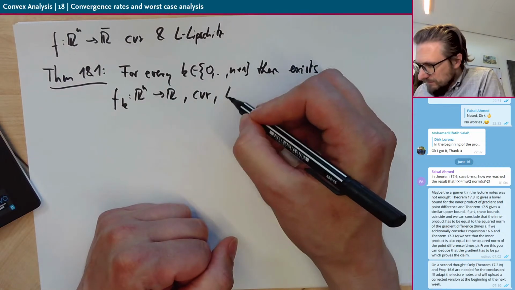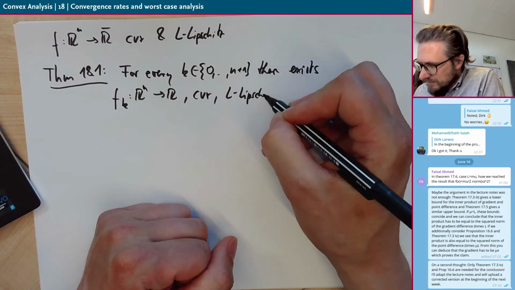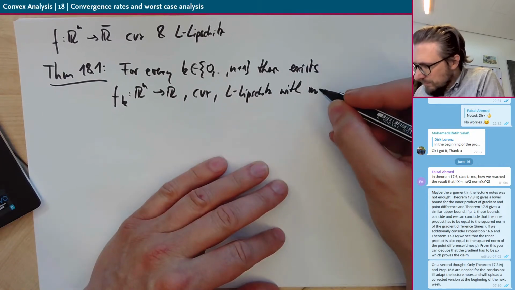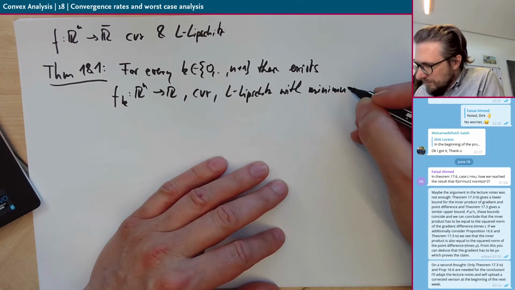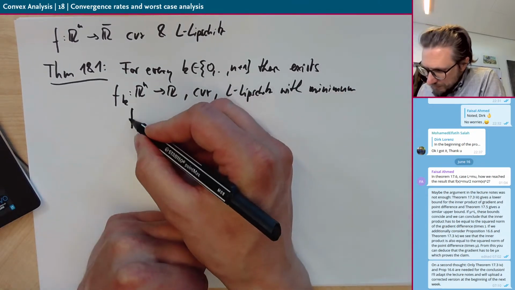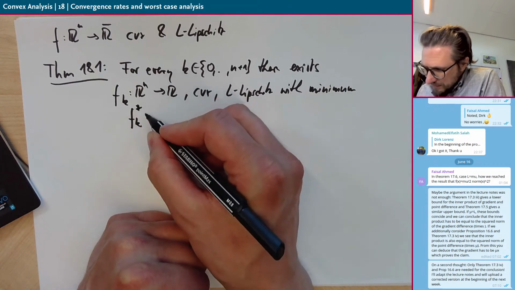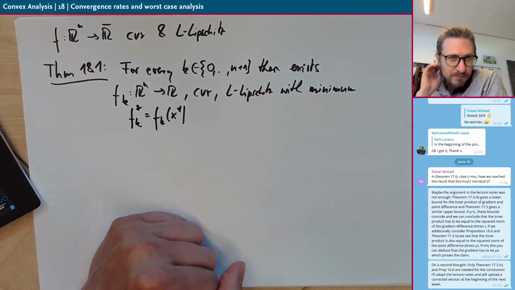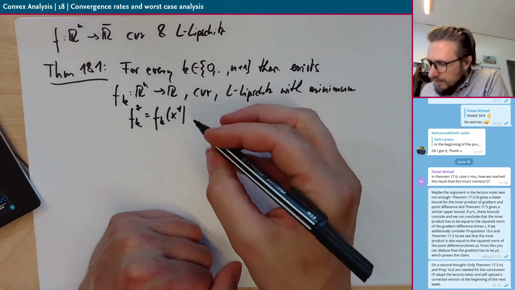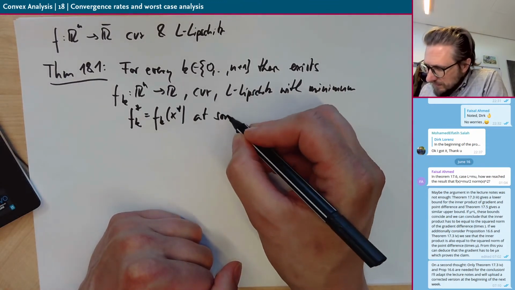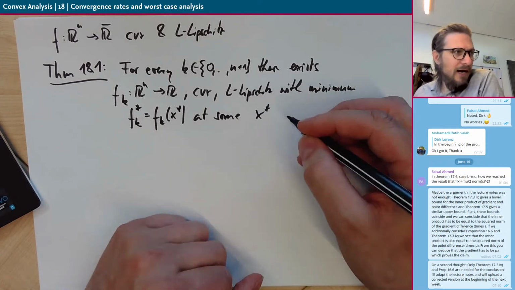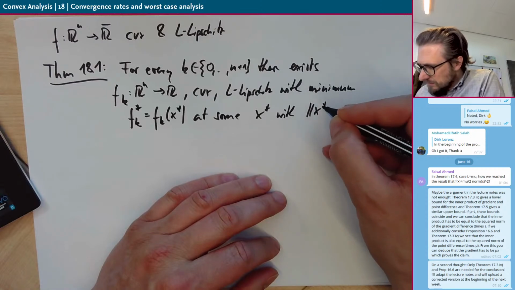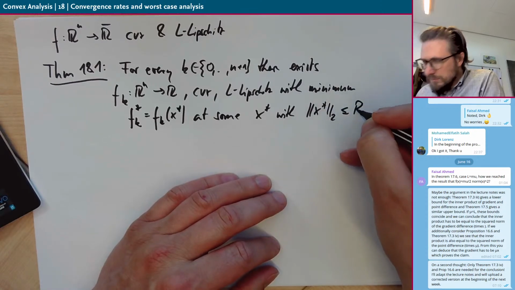Convex, L Lipschitz, with a minimum. We need that for the proof. Denote the minimum by f_k star, and this should be attained at some x star, and this x star has also a known bound.